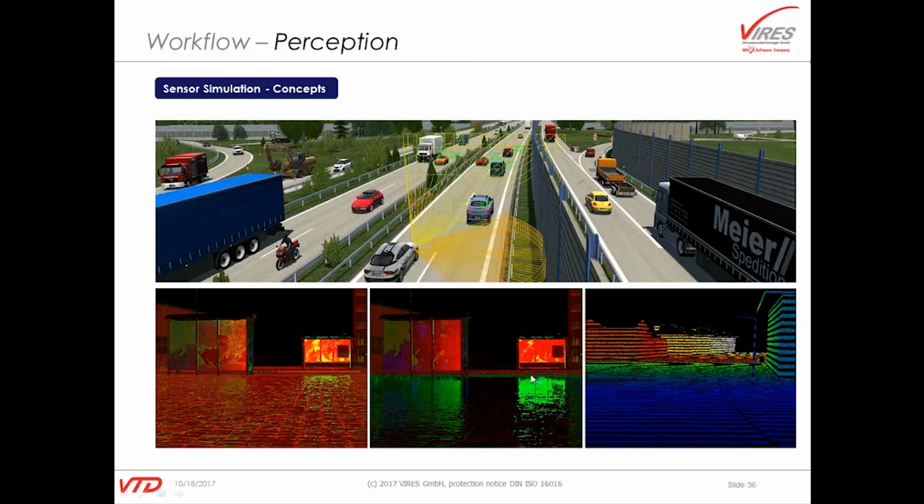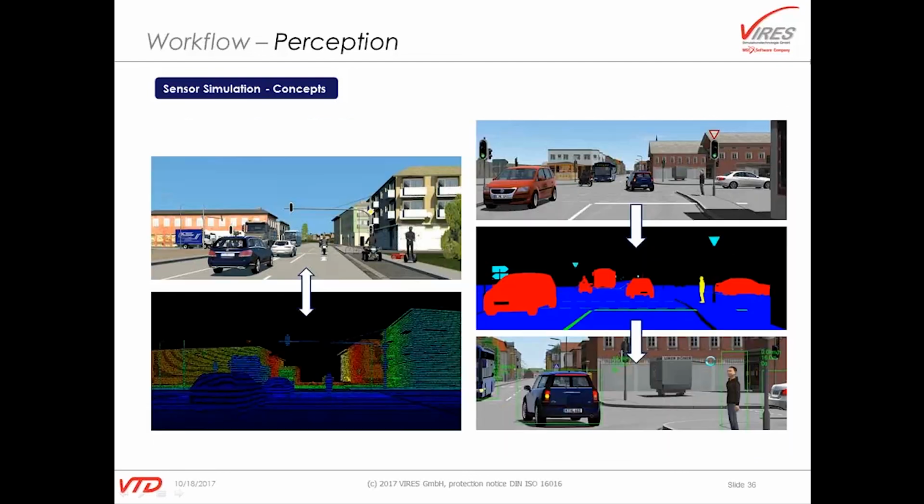So having atmospheric and weather effects in the simulation of the sensors is one of our key areas of development currently. On the right side, you see a snapshot from the previous video. We can also provide LiDAR information in typical point cloud format.